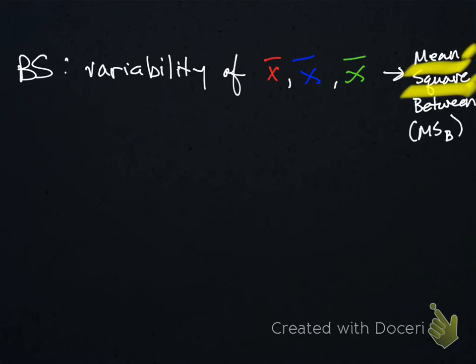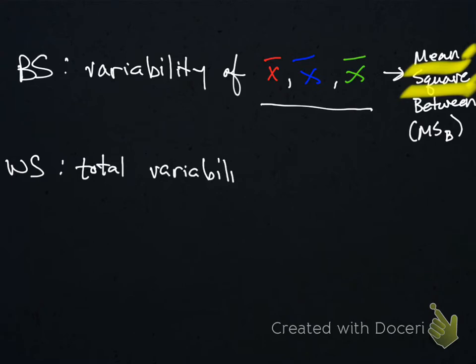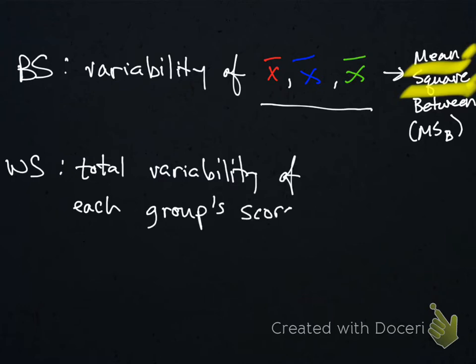So we're going to calculate a variance term that is based on these three things. And we're also going to calculate a variance term that is based on the total variability of each group's scores, so that would be reflected in their variance terms.